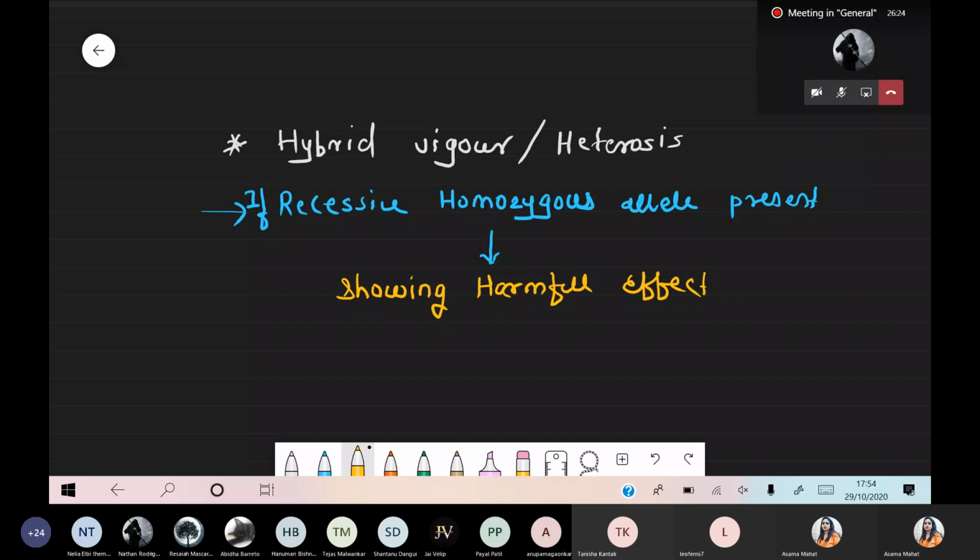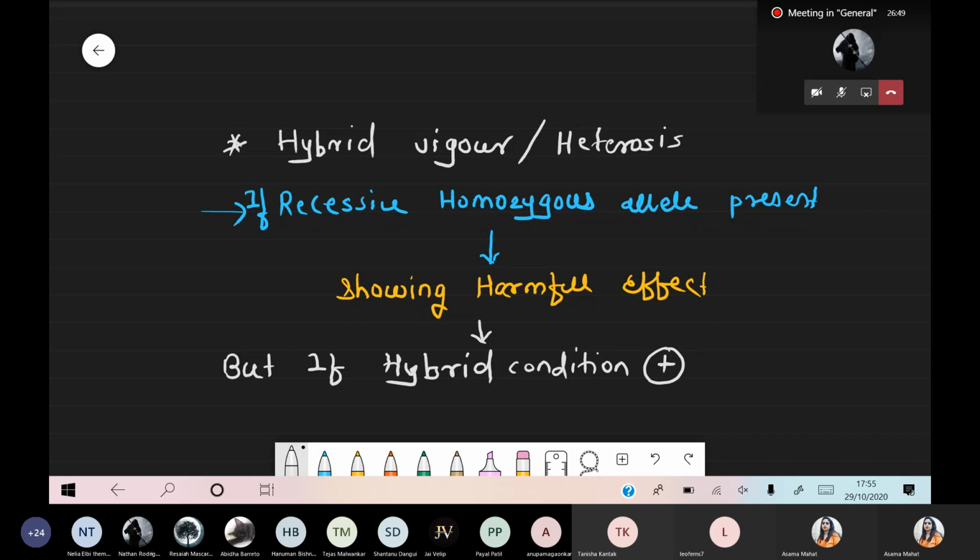But next step: if the hybrid condition is present, you know very well what is the meaning of hybrid. One is recessive, another one is dominant, right? So if the hybrid condition is present, that harmful effect gets suppressed.